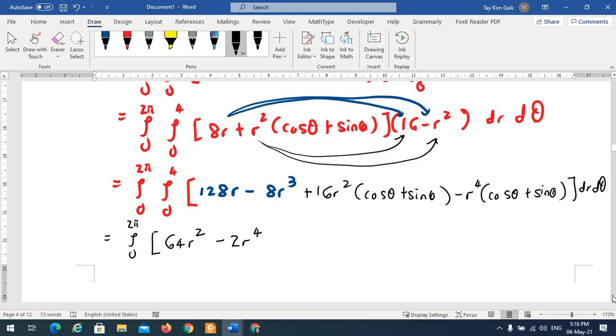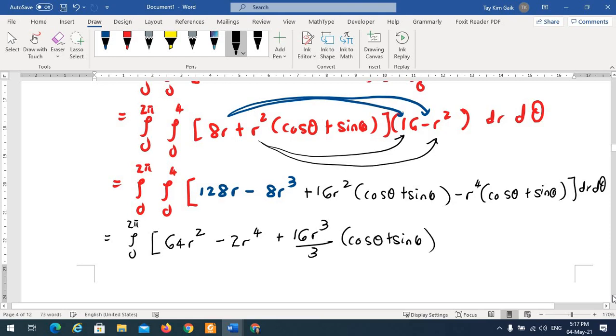Then 16r squared: when integrating with respect to r, cos theta plus sin theta are constant, so here you get 16r cubed over 3 cos theta plus sin theta, minus r to the power 5 divided by 5 cos theta plus sin theta, with the limit of r from 0 to 4.